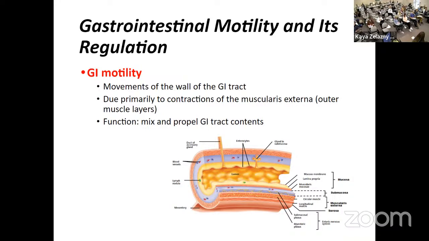And you don't have possibly this picture here. It's from earlier in your slides. I just pulled it up so that I can point out to you some of these things that we're talking about here. Okay, so GI motility is about movements of the wall of the GI tract that are going to allow you to propel food forward, as well as mix around the food that's in your system.